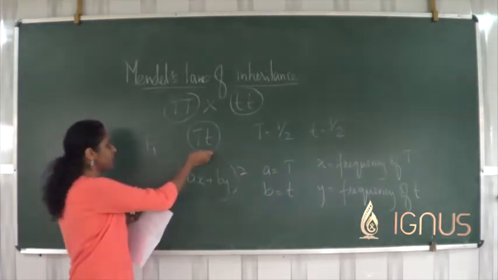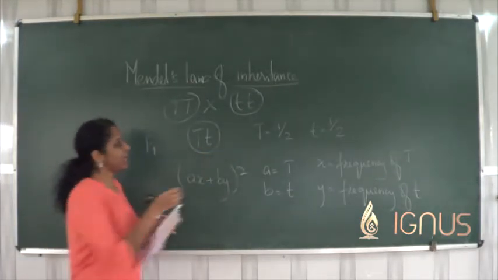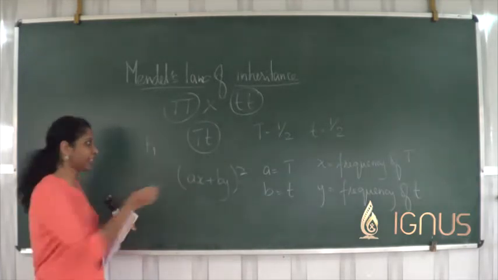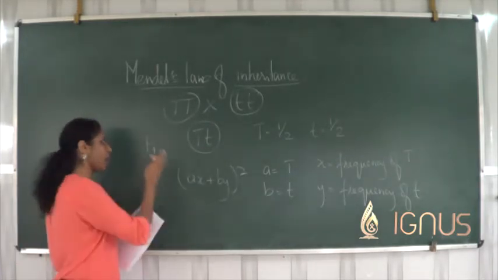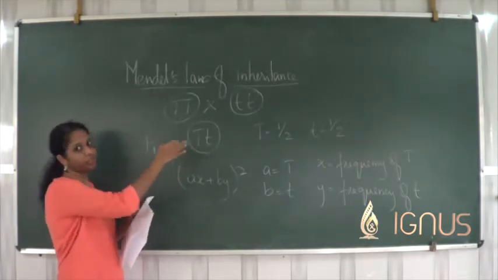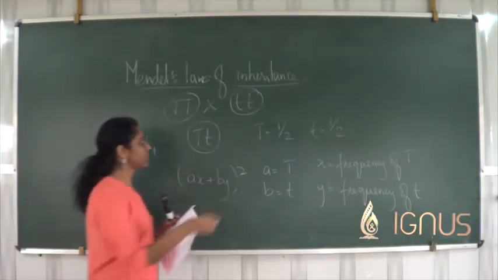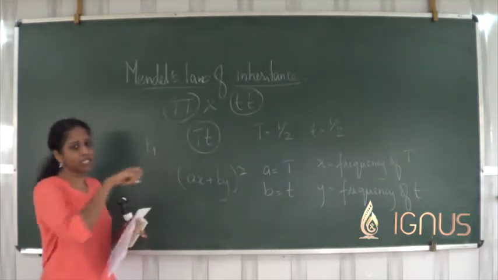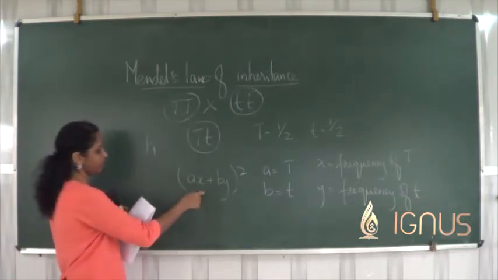If you take the F1 generation, T is half of it and small t is half of it, right? So the F1 generation is always made up of half of the tallness allele and half of the dwarfness allele. Now if you want to figure out the frequency of capital T and small t in the F2 generation, you can do it by using this equation.